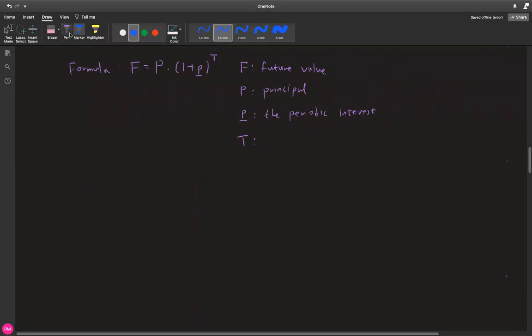And here the capital T is the total number of times compounded.